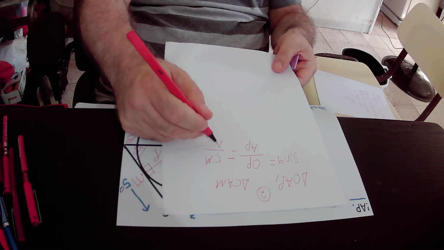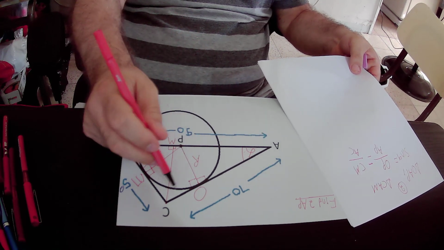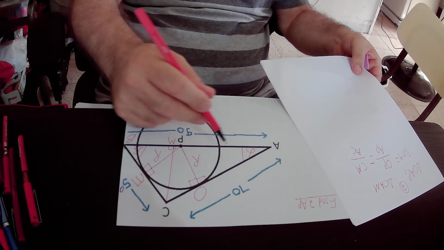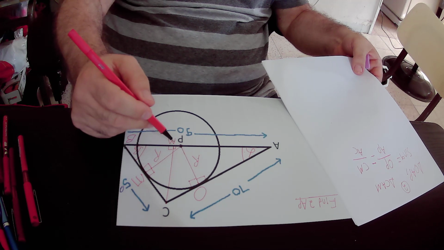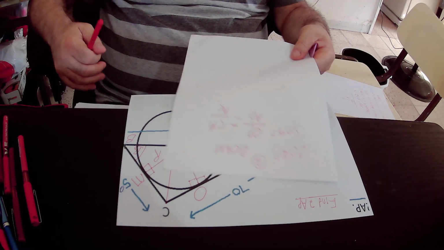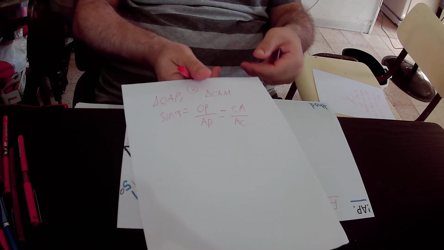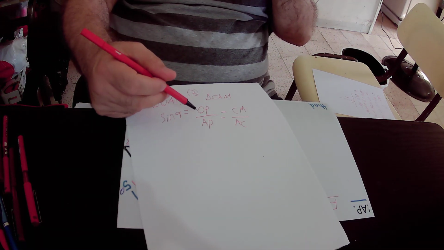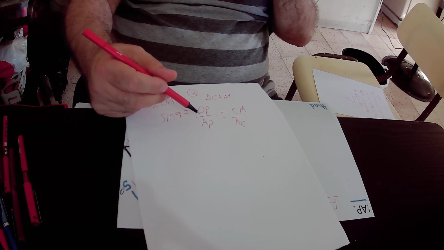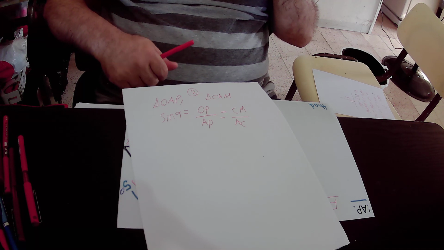So in the right triangle CAM, sinus alpha equals CM over AC. So in total we have the equation that sinus alpha equals OP over AP, that equals CM over AC.